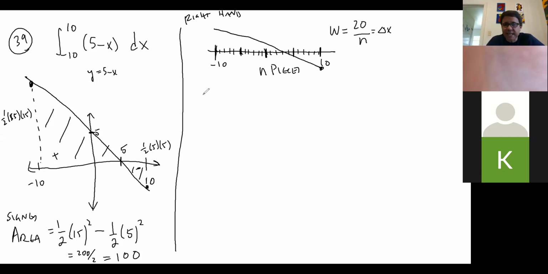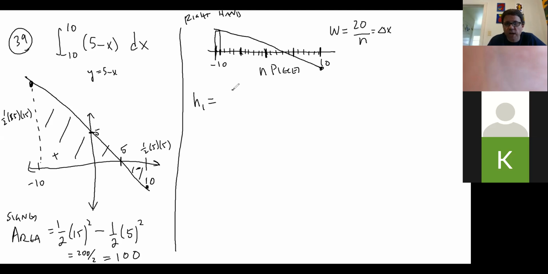The heights of these things are going to start to get a little bit more tricky. For height 1, what I need to do is go over to this first point right here, go up to the curve, and that gives me my height. When I make the rectangle, the width will be delta x, and the height will be to plug that point into my function 5 minus x.